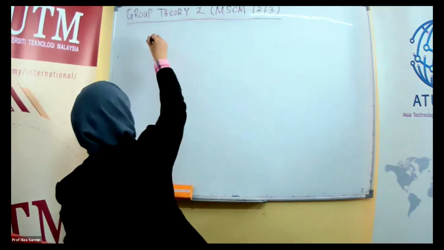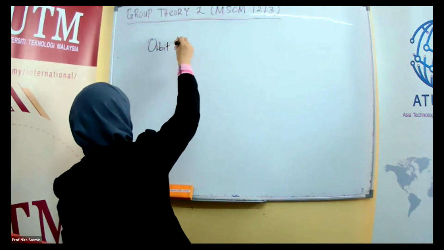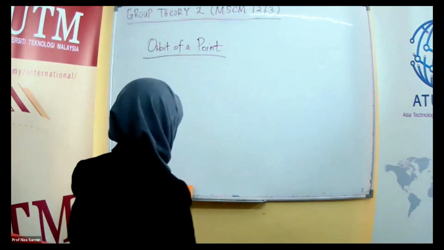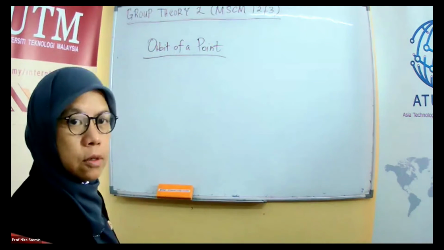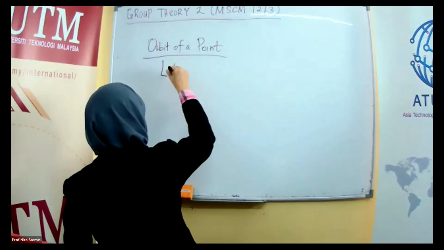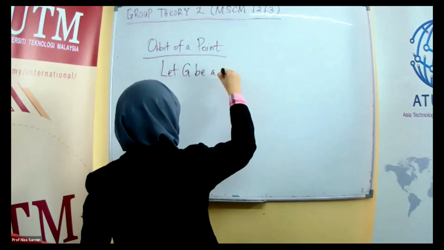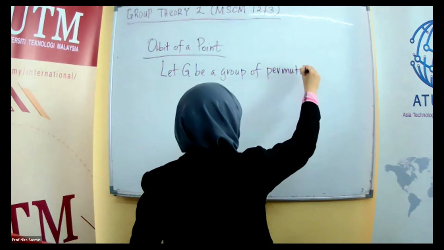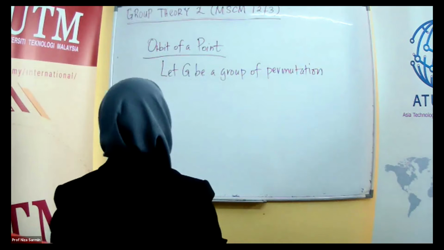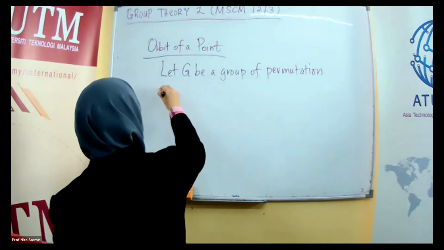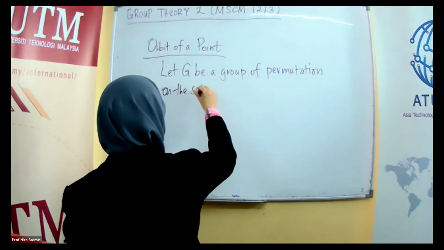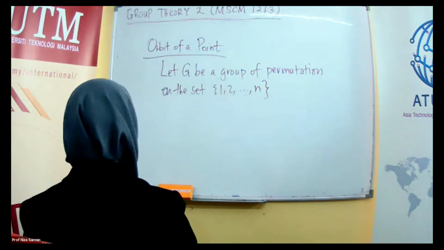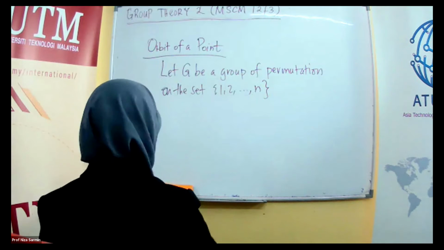Okay. So this is in chapter 7 when we learn about coset. We talk about the orbit of a point, but this is based on permutation. So let G be a group of permutations on the set 1, 2, up to n.